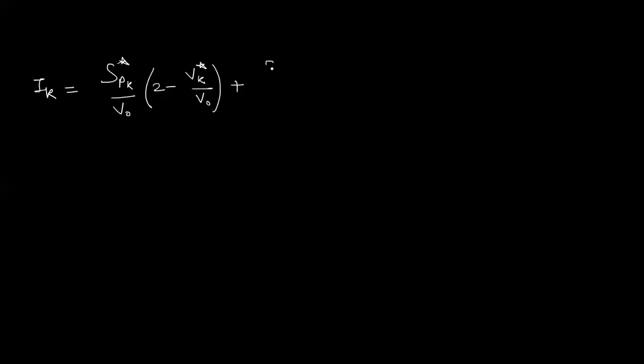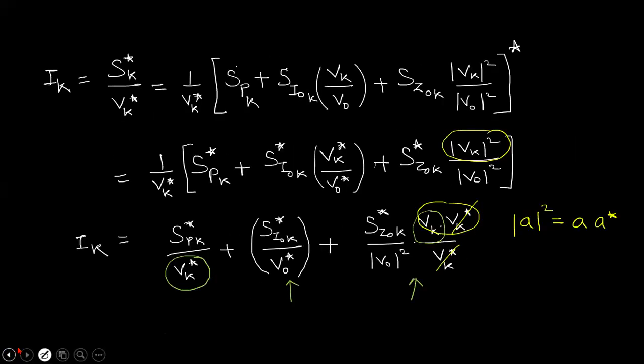Plus we have the current component, which is given by S I0 K conjugate by V0 conjugate. Then plus this term.